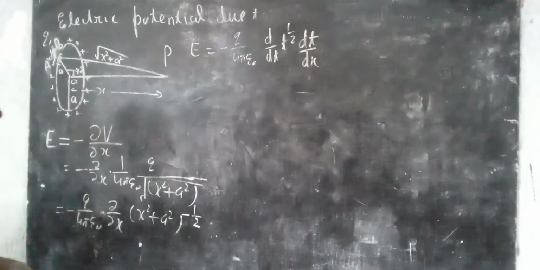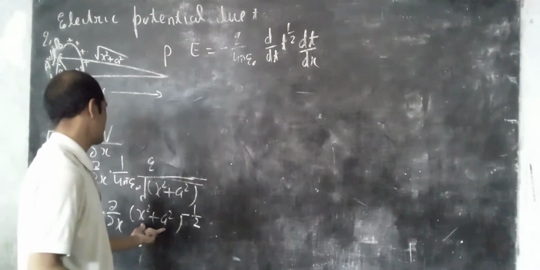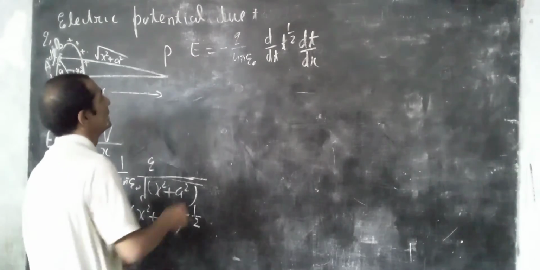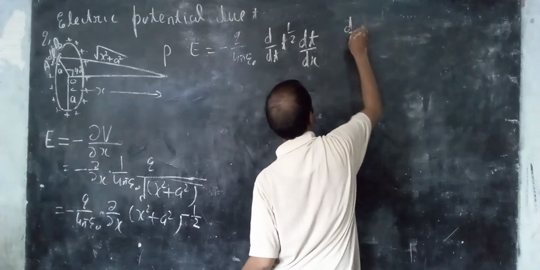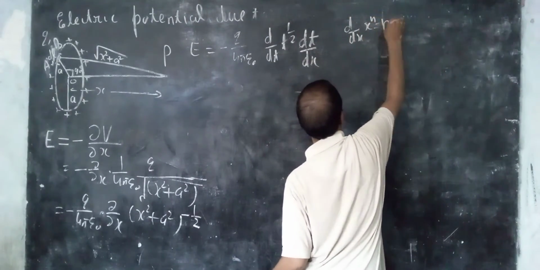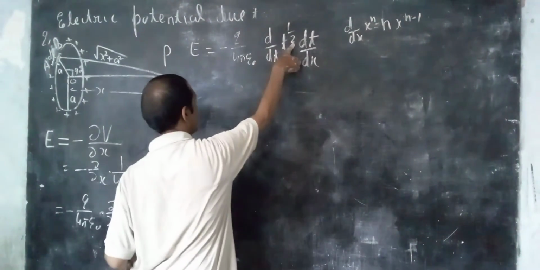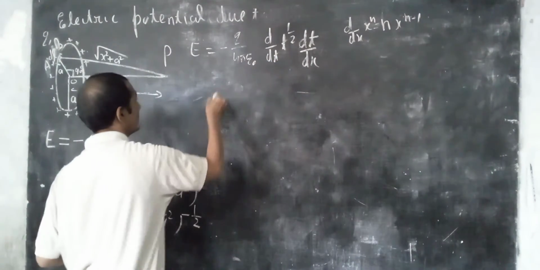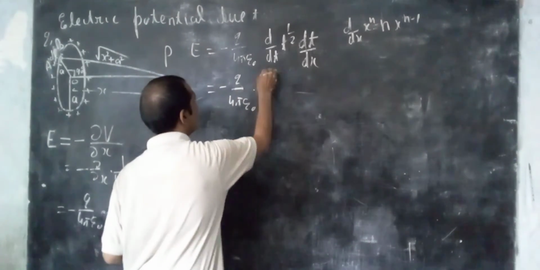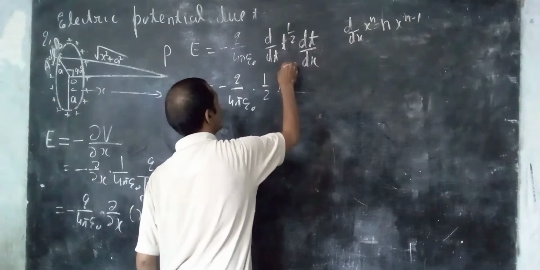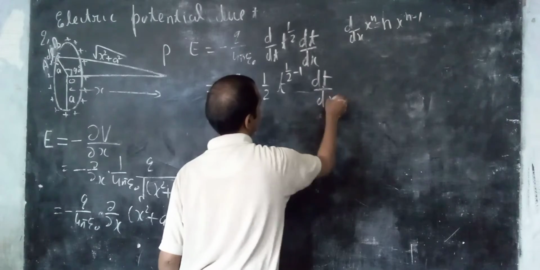Take t equal to x squared plus a squared; we have replaced x squared plus a squared by t. So d by dx of x raised to power n is equal to n times x raised to power n minus 1. Here the value of n is 1 by 2. ठीक, तो write negative q upon 4 pi epsilon naught into 1 by 2 t to the power 1 by 2 minus 1, फिर dt by dx.